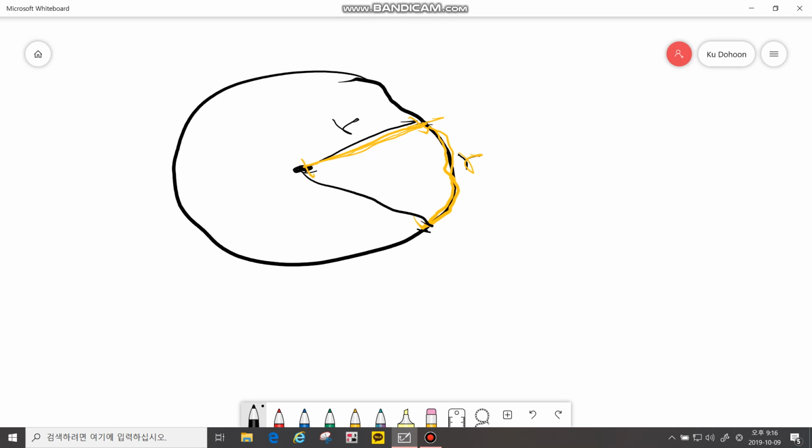When this is r, and the length of this arc is also r, then we call the angle here 1 radian, right? So if this was 2, what I'm saying is the arc length.